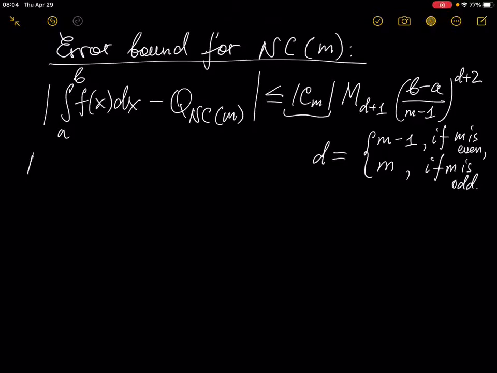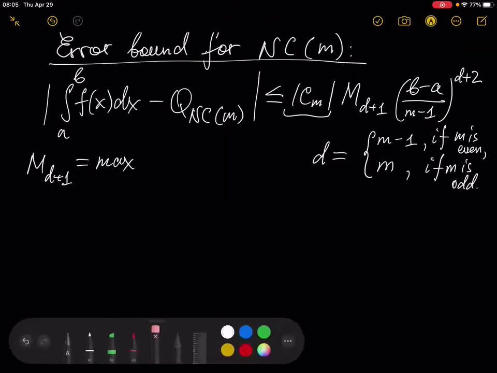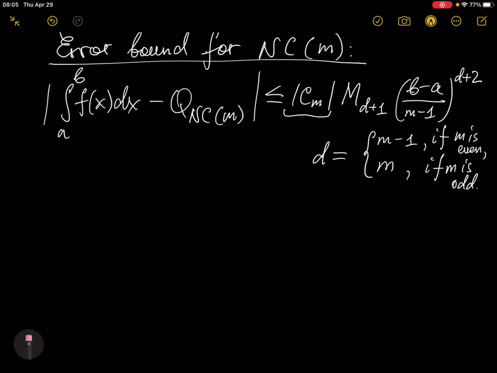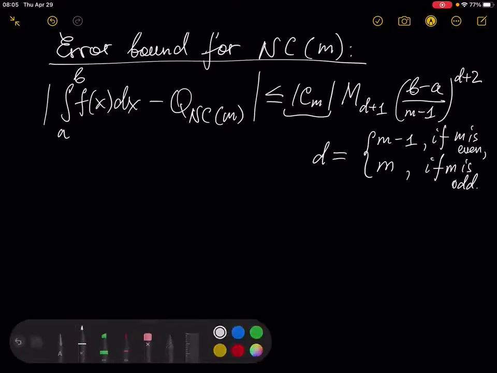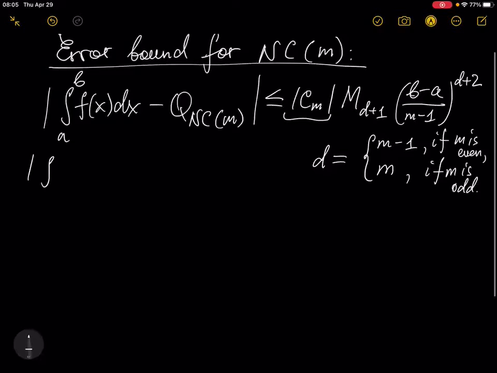M_{d+1} is a uniform bound on the maximum of the magnitude of f^(d+1) of x.